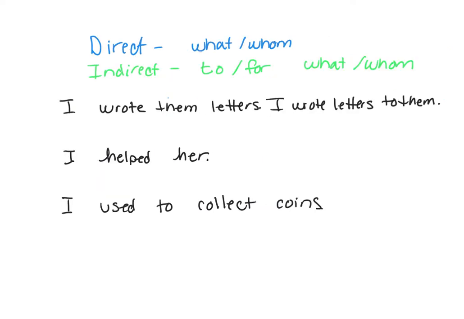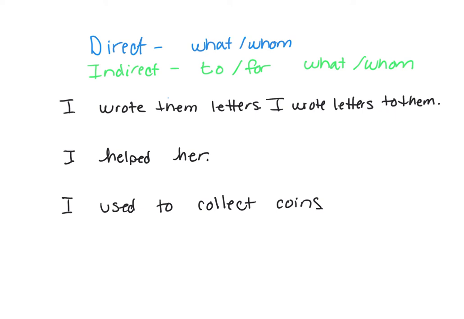Okay, looking at that same sentence again, I want to point out something. In English, we're kind of a little bit wacky. In English, we can switch our order, direct versus indirect. So sometimes we say, I wrote them letters, or I wrote letters to them. In English, you only have to add the to if you put the indirect after the direct. If you put the indirect before the direct in English, you don't have to say that to them.